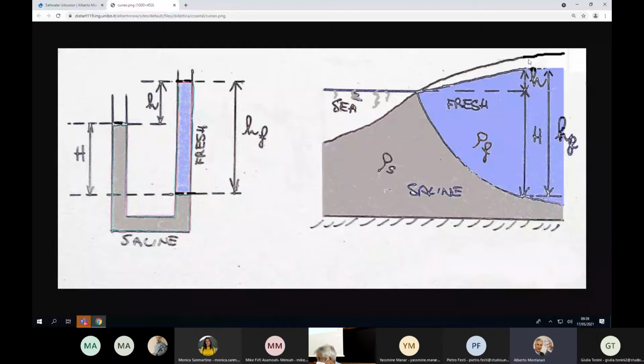So what is important for me to solve this problem is to know the level of the water in the land, and this level of water is increasing as I move into the land. Why is it increasing? Because if I want to have a flow from the land to the sea, I need this, and this is what happens in nature. In nature, it rains over the land and water flows from the land to the sea.